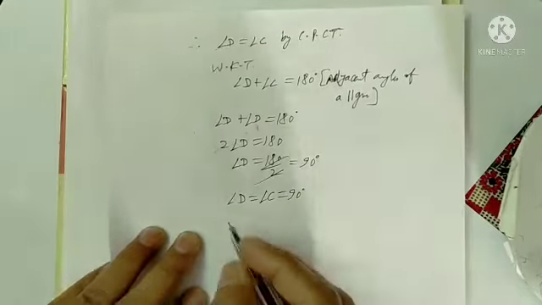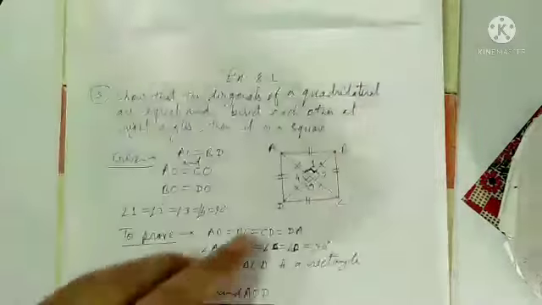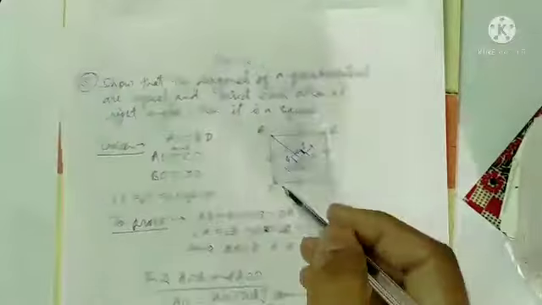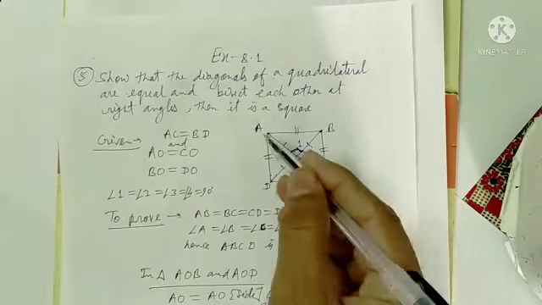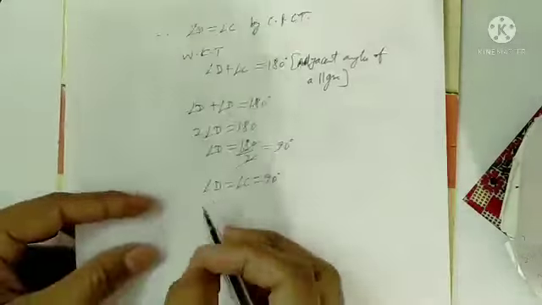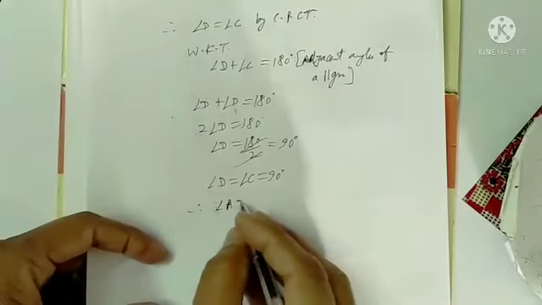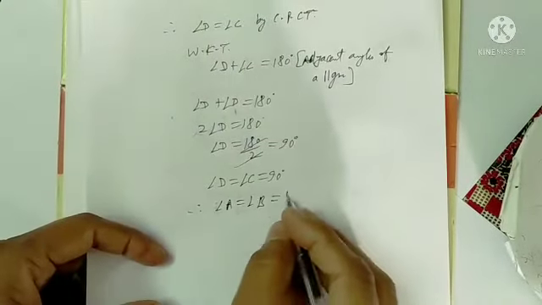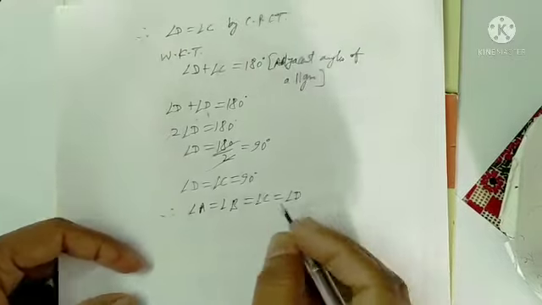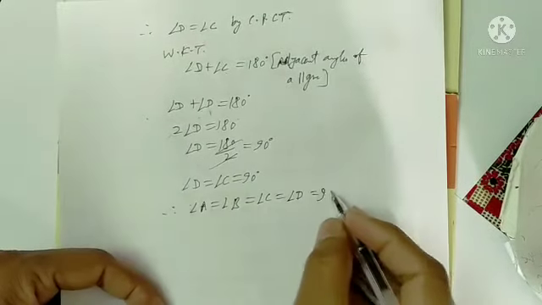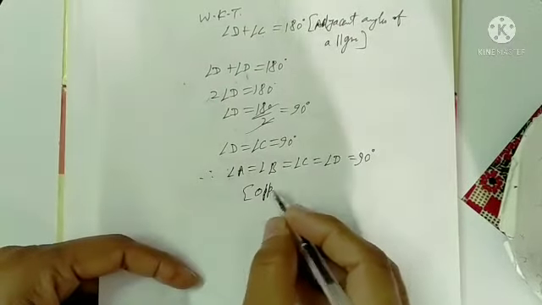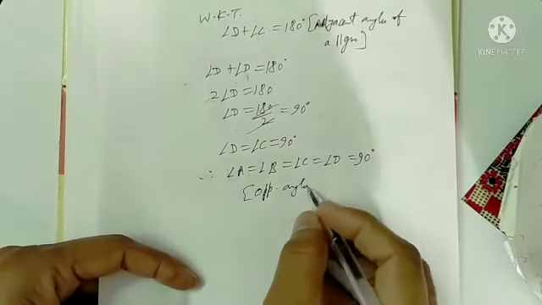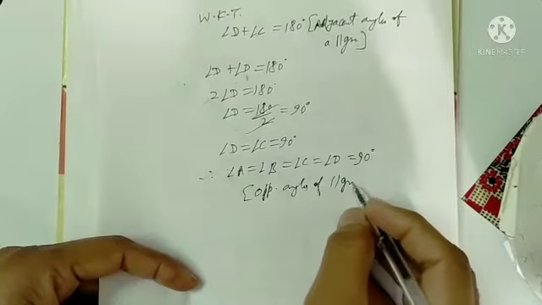Opposite angles of a parallelogram are always equal. Angle D is 90 degrees, so angle B is also 90 degrees; angle C is 90 degrees, so angle A is also 90 degrees. Therefore angle A is equal to angle B is equal to angle C is equal to angle D is equal to 90 degrees, by the property of opposite angles of a parallelogram.